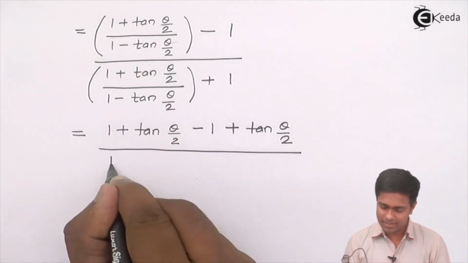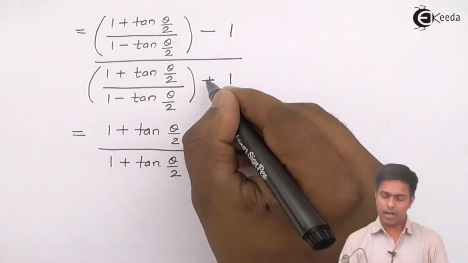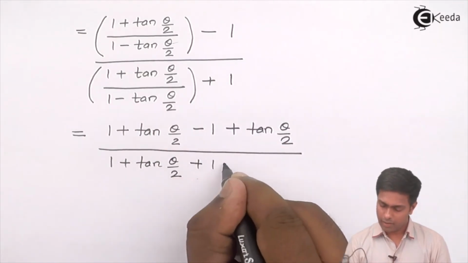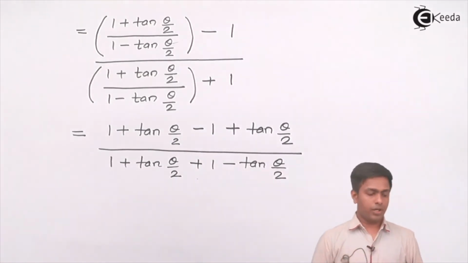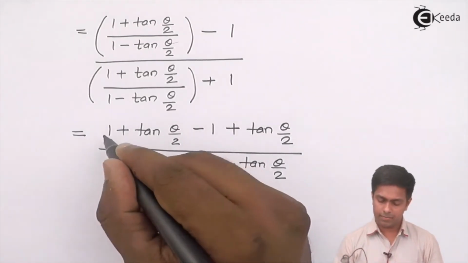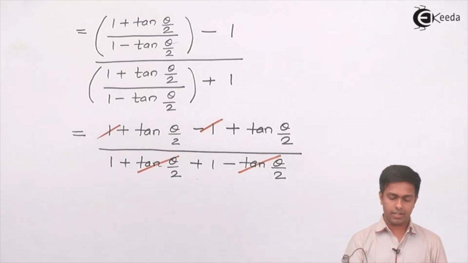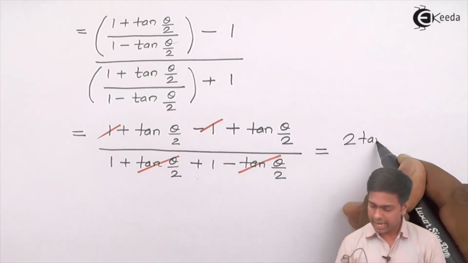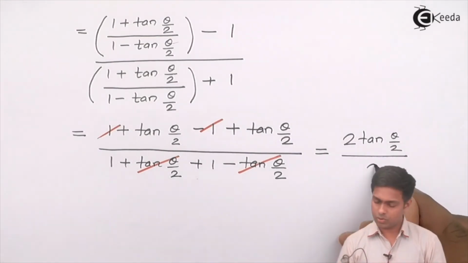So 1 plus tan theta by 2 as it is, and we'll multiply this denominator with plus 1. So plus 1 minus tan theta by 2. Now this 1 and minus 1 will be cancelled. Similarly, tan theta by 2 and negative tan theta by 2 will be cancelled. This is nothing but 2 times tan of theta upon 2, and this is 1 plus 1, that is 2.